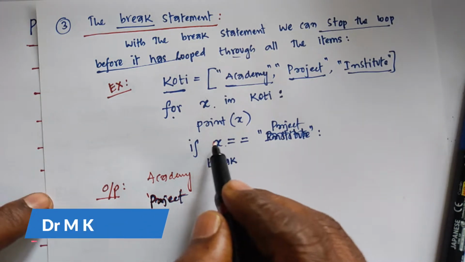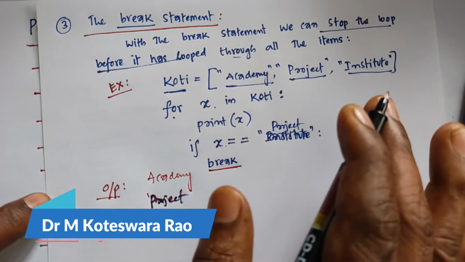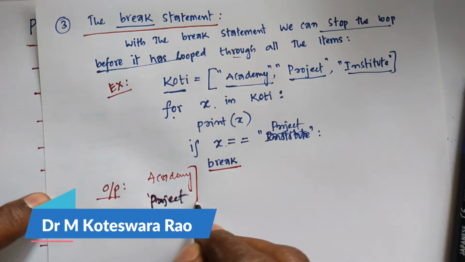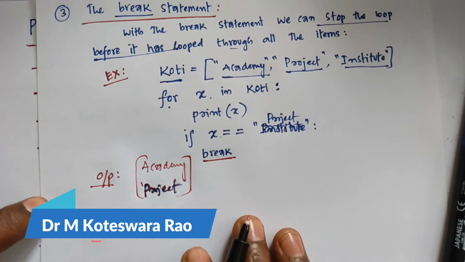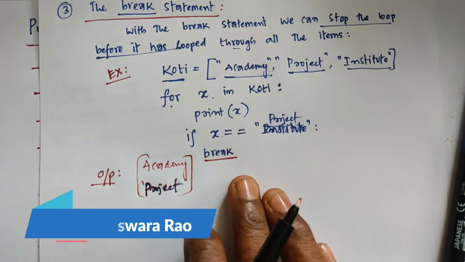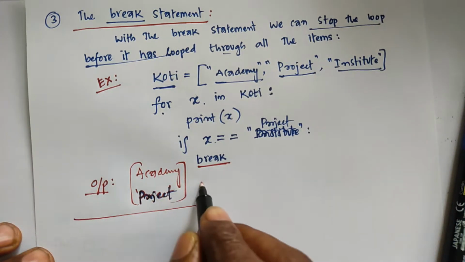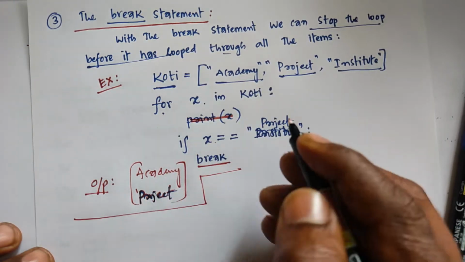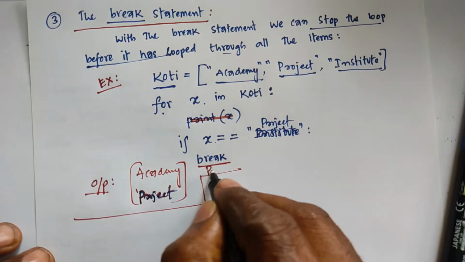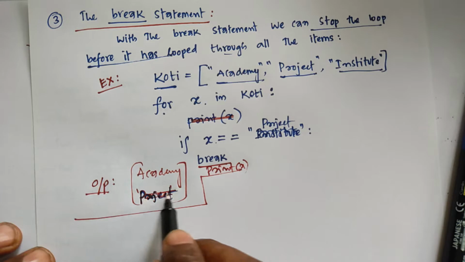Next, is it equal to project? Yes. Then you stop the iteration. No need to go to the next item of quote. So finally you get these two items at the output. For example, in the same instruction, if you remove print x from this position and write print of x at the end, you will display only academy.